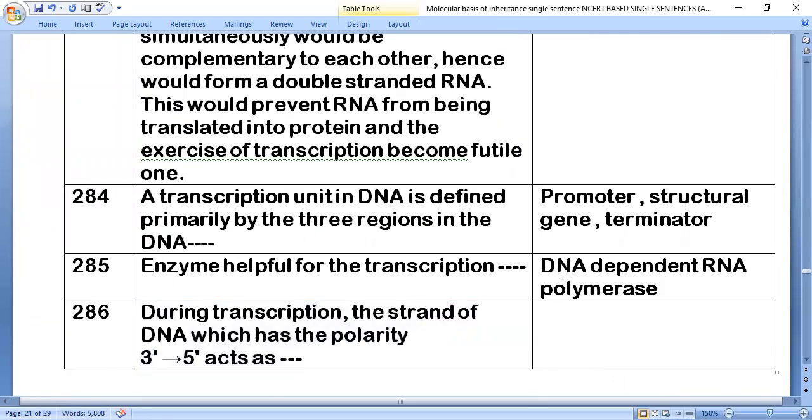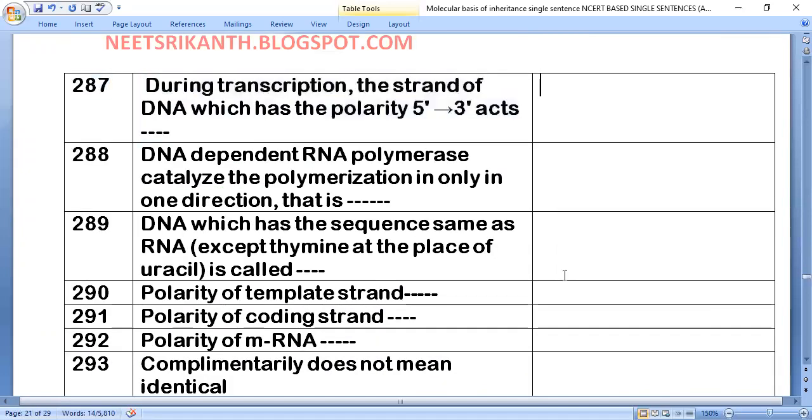During transcription, the strand of DNA which has the polarity 3' to 5' acts as the template strand, and the strand with polarity 5' to 3' acts as the coding strand. DNA-dependent RNA polymerase catalyzes polymerization in only one direction, that is 5' to 3'.